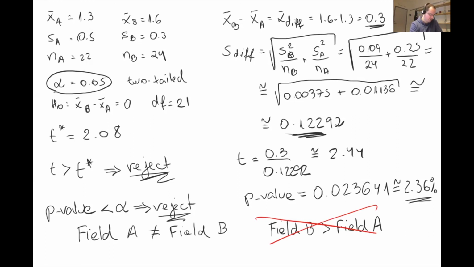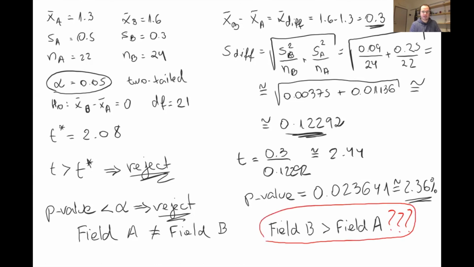I'm not going to cross it out; I'm just going to mark it like this. Is it so? I don't know. I can't cross it because I can't say that it isn't, but I actually don't know. It could be, but to determine this you would have to run another test, a one-tail test with an alternative hypothesis that feud B is larger than feud A. But I didn't do that, and I won't.